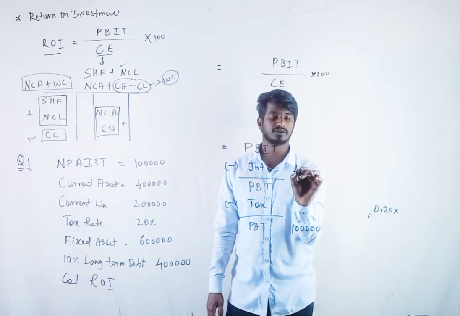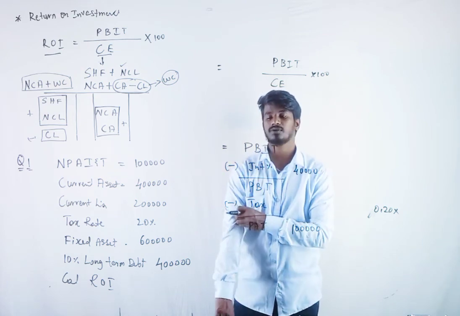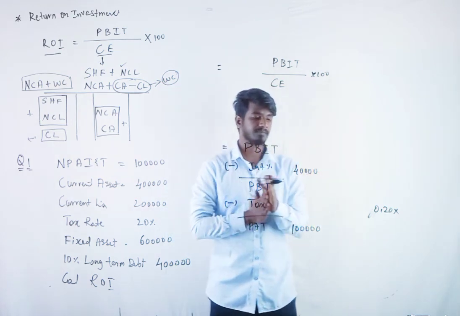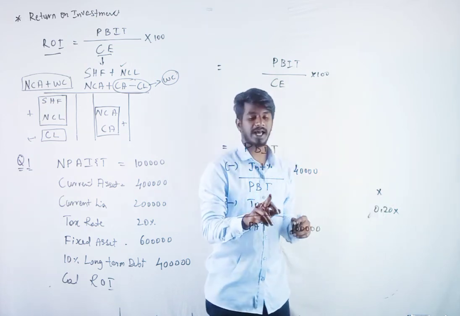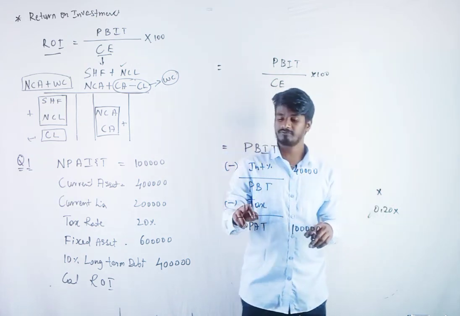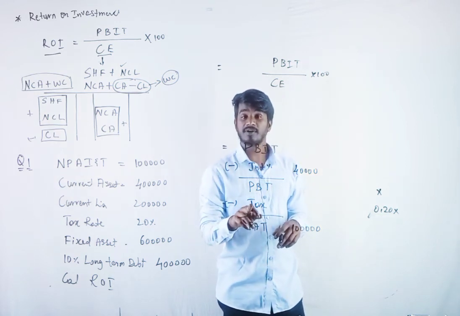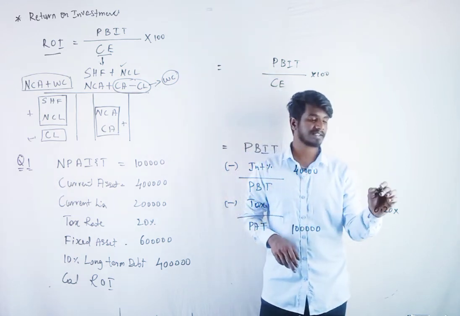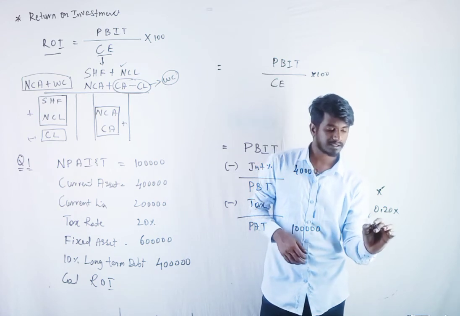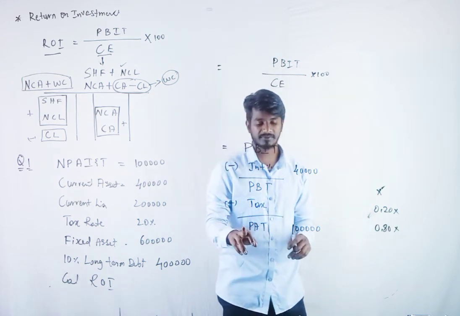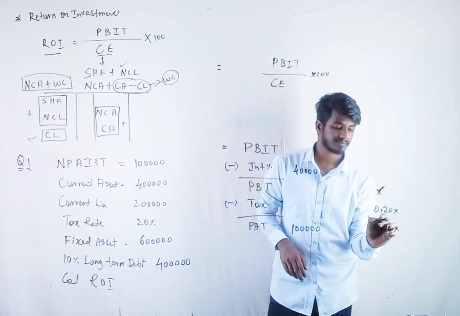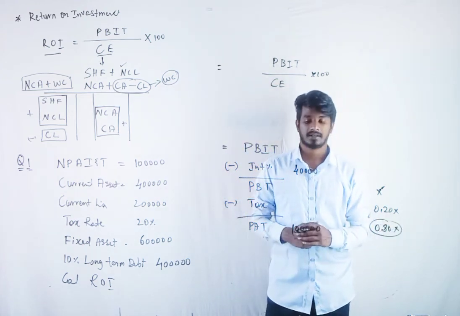Yes, 40,000 is the interest we should pay. We can keep profit before tax as x, and if we minus tax of 20% from this x, the remaining 0.80 is the profit after tax.